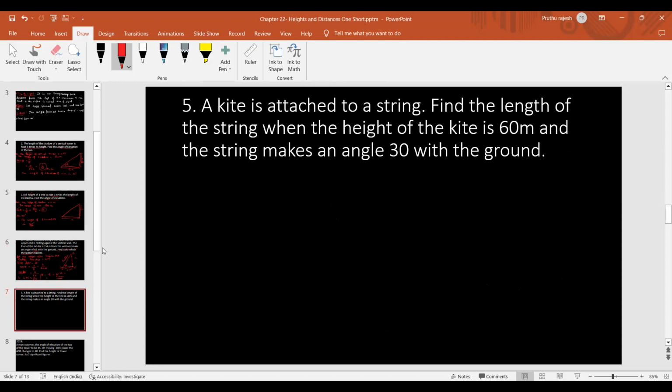Now a kite is attached to a string. There is one big string here, and there's a kite attached to the string.